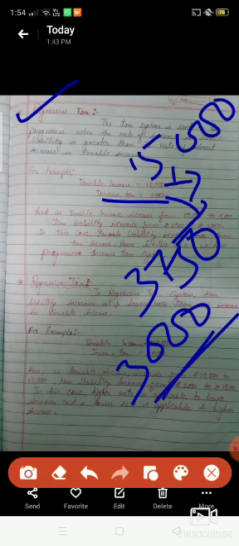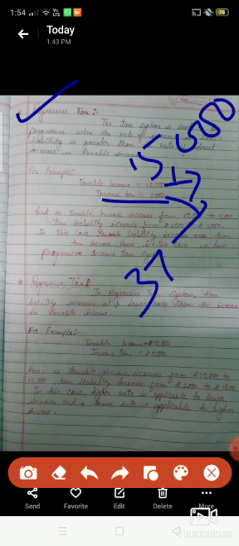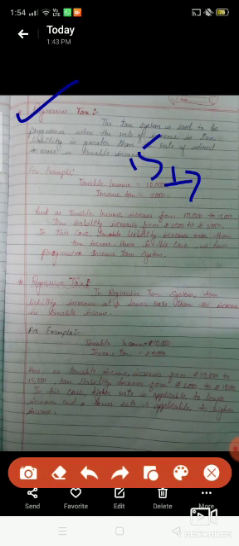Then we can say that the rate of increase of tax is more than that of the income, and then it is known as progressive tax.